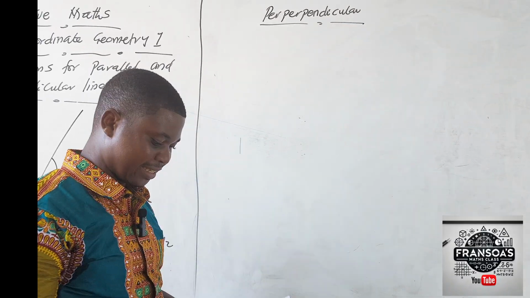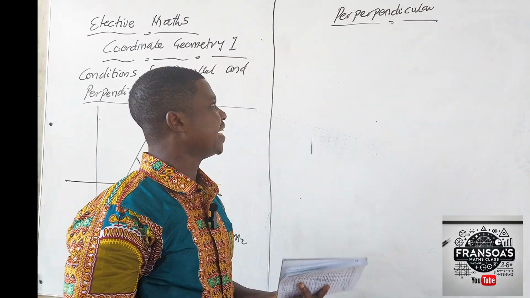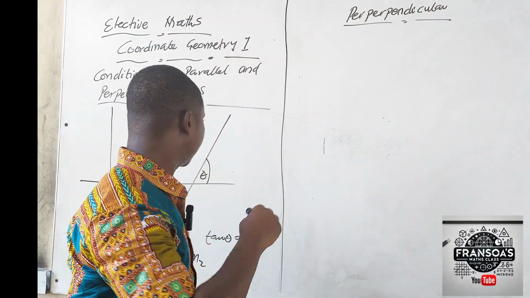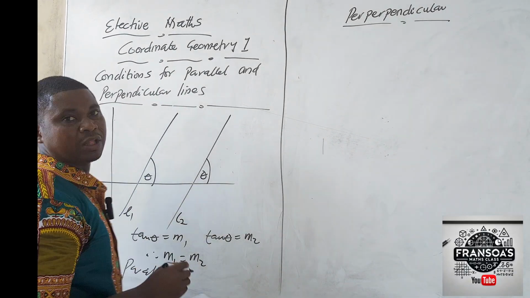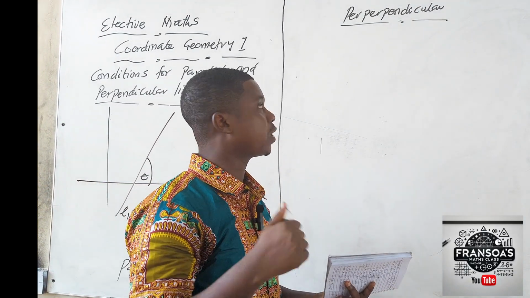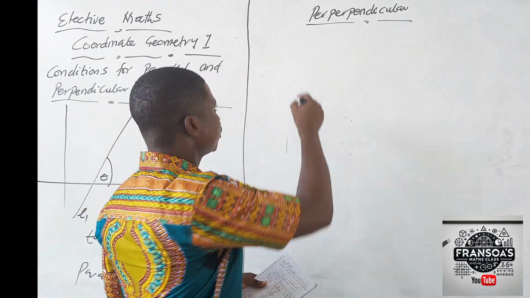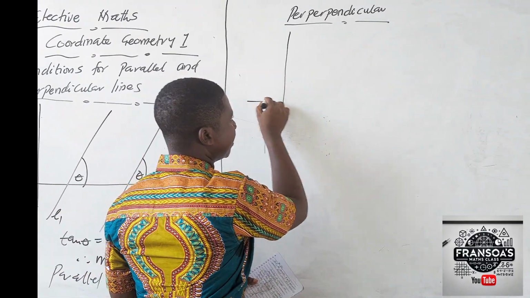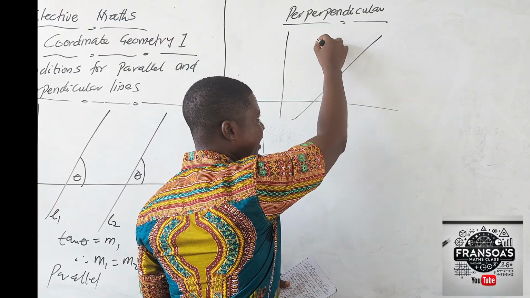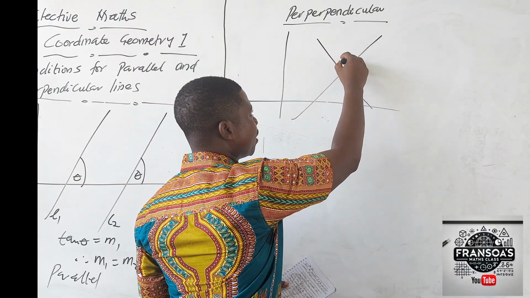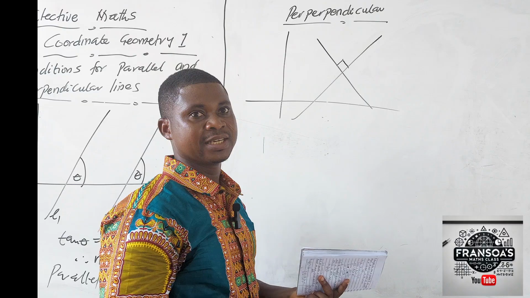with perpendicular lines, one of the lines is equal to the negative reciprocal of the other line. So when you have one of the lines to be this, then the other line will give you that. So they form an angle of 90 degrees.